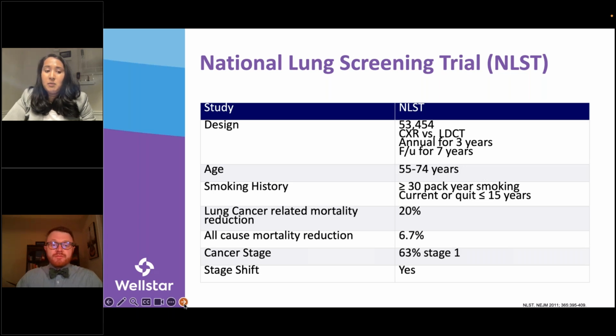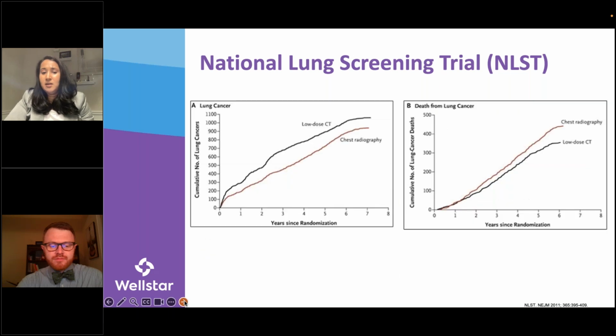And the result that was significant in the study was a lung cancer-related mortality reduction, about 20% mortality reduction when it came to lung cancer. The study also talked about cancer staging and stage shift, and those are two concepts that we'll talk about in a little bit.